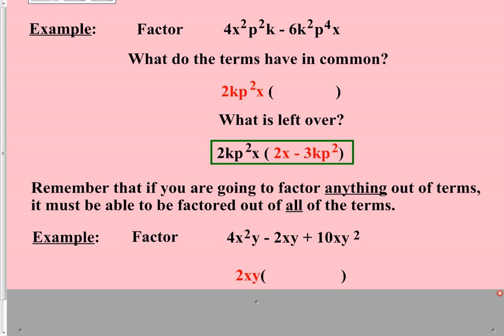Well, it looks like we got all of the terms out of that one. So we're probably going to have to decide, does that mean that the term should go away, or does anything have to be left in its spot? We'll get to that in just a second. And the right-hand term, 10x y squared. If we take a 2 and an x and a y, that would leave us a 5 and another y.